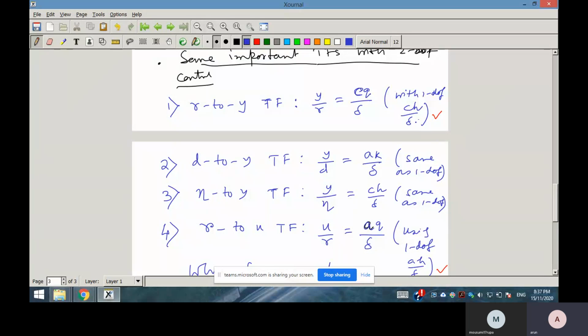If you want to have that delta, then H and K polynomials will get fixed. So once H and K polynomials get fixed, you do not know where the roots of the HS will lie. If the roots of the HS will be close to the imaginary axis, then what will happen?